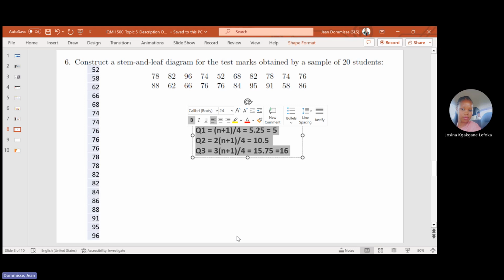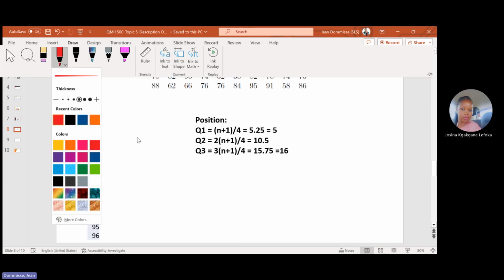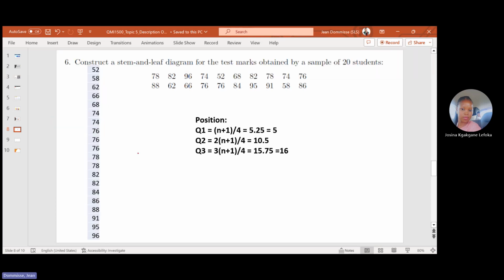Okay, so if you look at position 5, let me just get my pen back. Position 5 is 1, 2, 3, 4, 5.